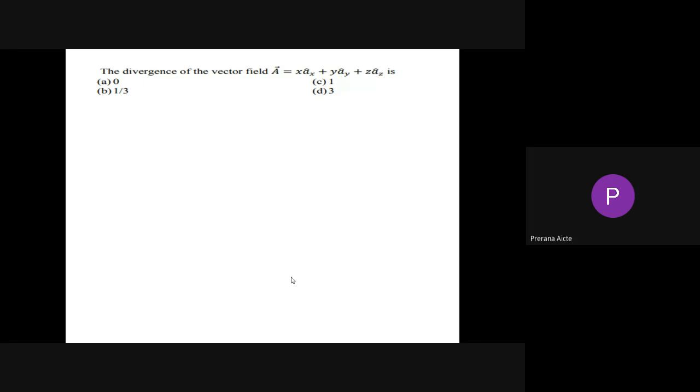The divergence, that is del dot A. First option is 0, second option is 1 by 3, third option is 1, fourth option is 3.